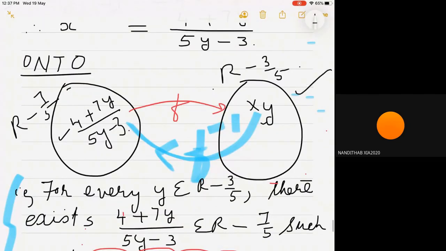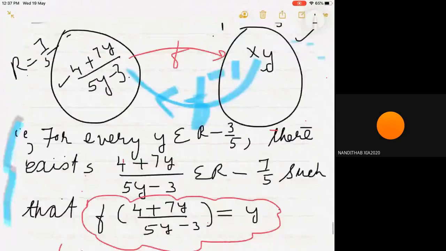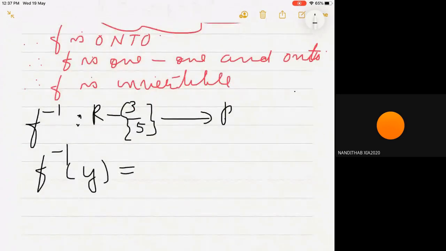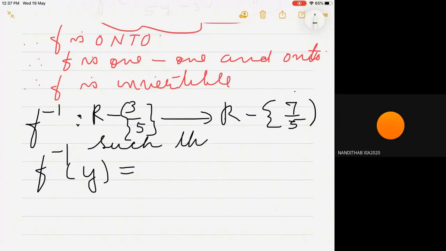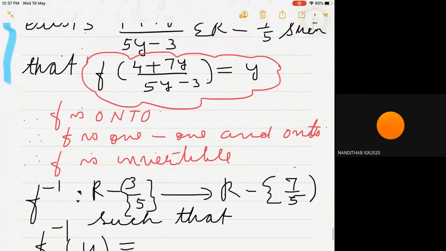It is from the second set, R minus 3 by 5, to the first set, R minus 7 by 5, such that, this is the way you express a function, f inverse of y equals, what is f inverse of y?